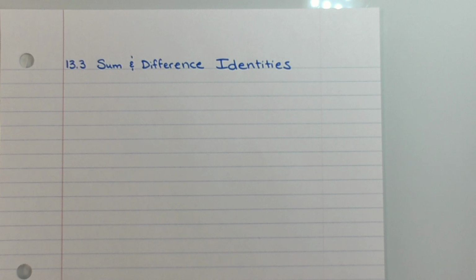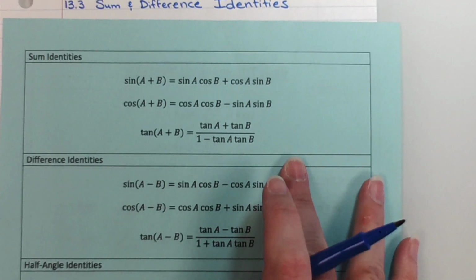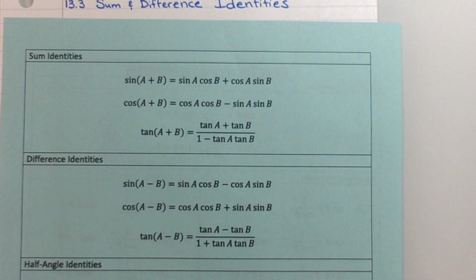Today we are bringing in the sum and the difference identities. So we've got 6 sum and difference identities. They're on the top of the back side of our identity sheet.